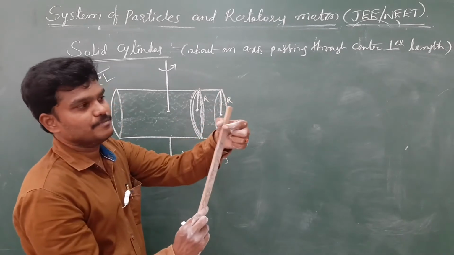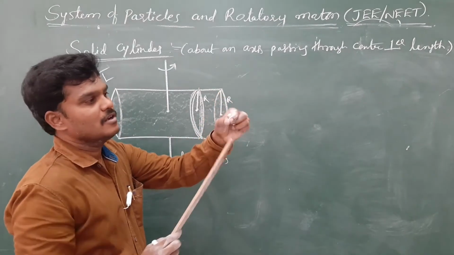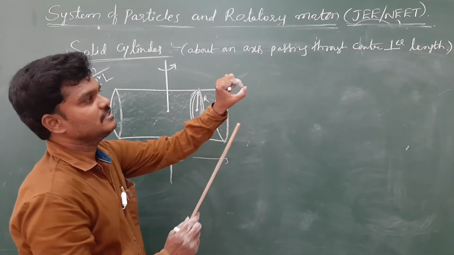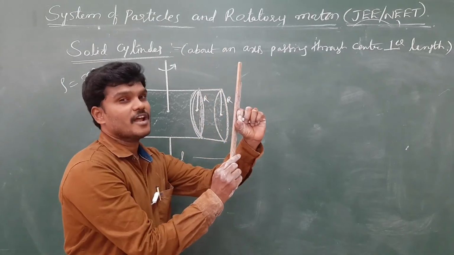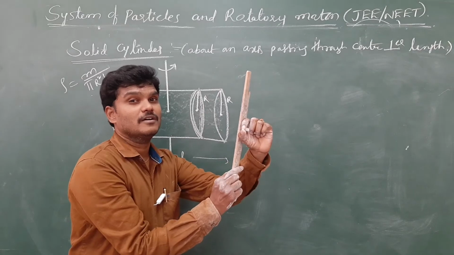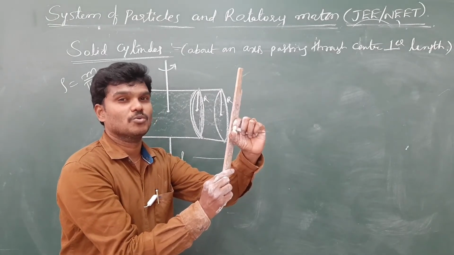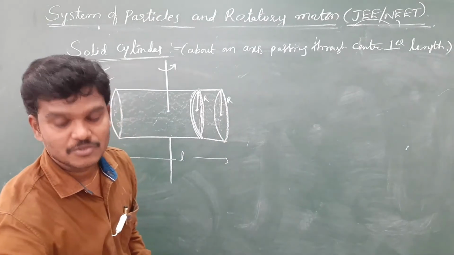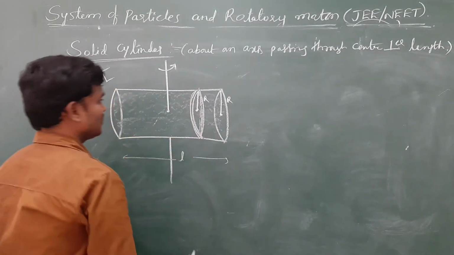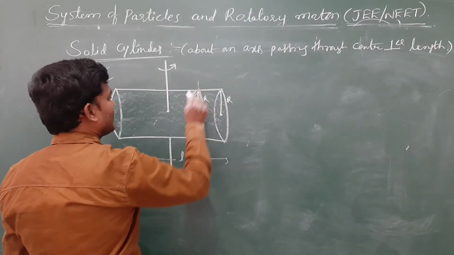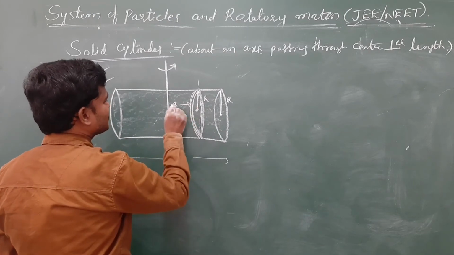Okay, this is passing through the center. Now the disc is like this, the disc is in this way. About the diameter, the formula is mr square by 4. Axis passing through the diameter of the disc gives mr square by 4. Use that formula. And this is at a distance x.